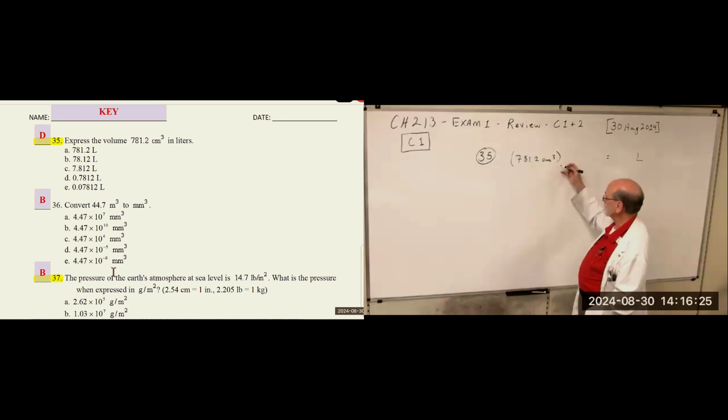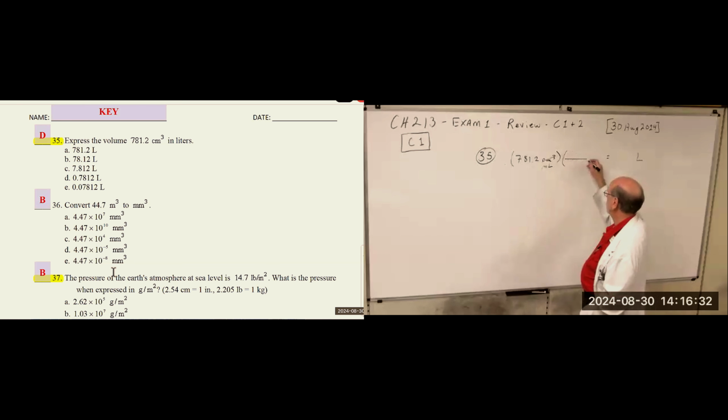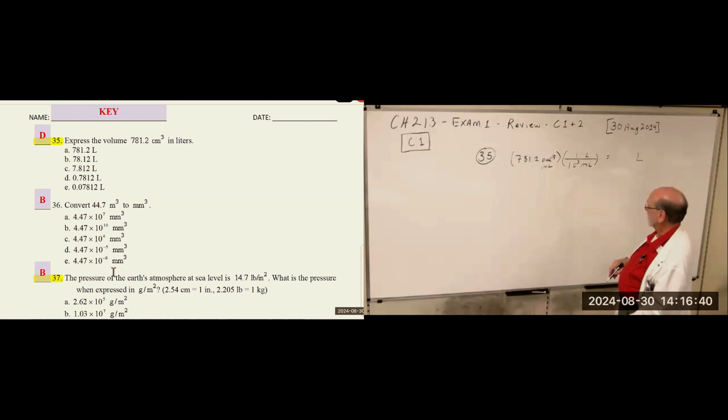Right? So we can save ourselves some effort. Just call that milliliters. Then we can get rid of milliliters and leave us with liters. We have 1,000 here. Right? So if we bring that into the numerator, now it's 10 to the minus 3. 781.2 times 10 to the minus 3.